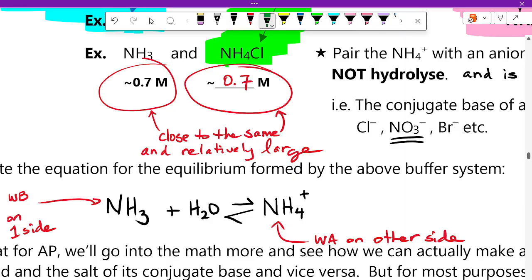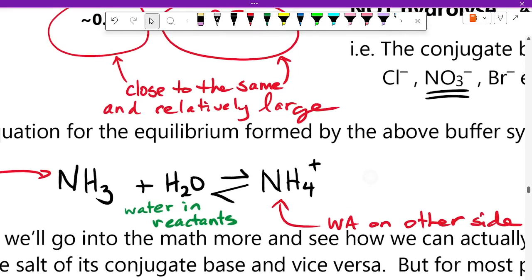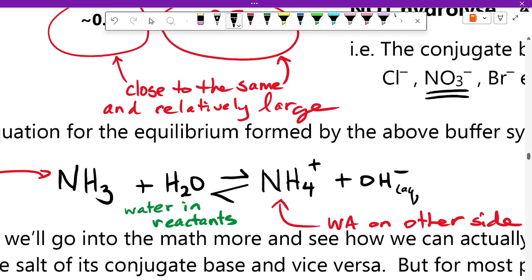Okay, water in reactants. And what does that mean our other product is going to be? It's going to be hydroxide. Okie dokie. And yes, you probably should put states in for all of these. Everything is aqueous except water, which is a liquid.